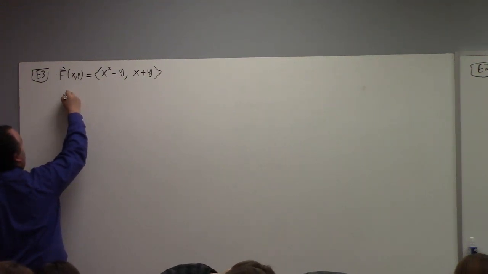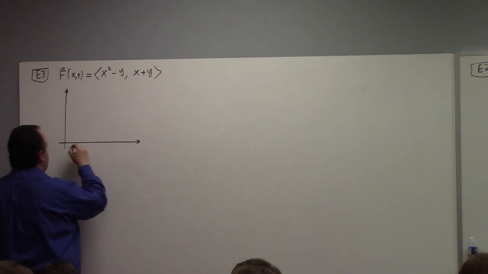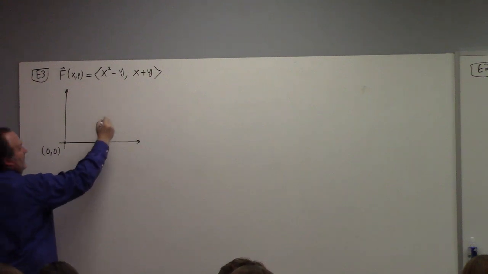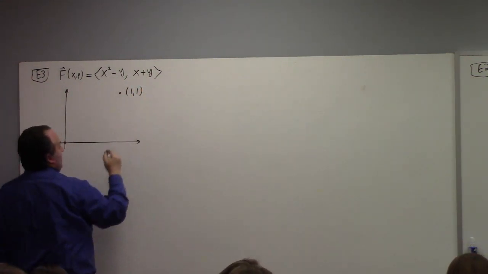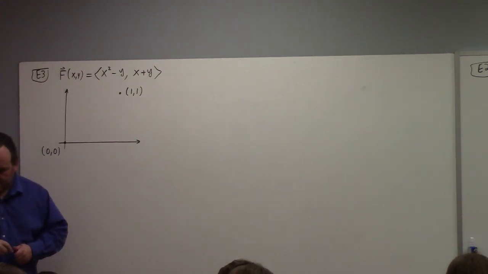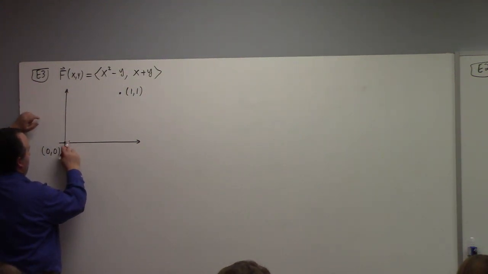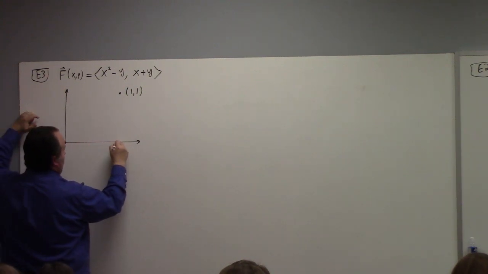So here are the paths I have in mind. Pretty simple. They're both going to start at the point 0, 0, and they're both going to end at the point 1, 1. However, they're going to be different paths. We're going to look at this one that goes from 0, 0 over here to 1, 0.